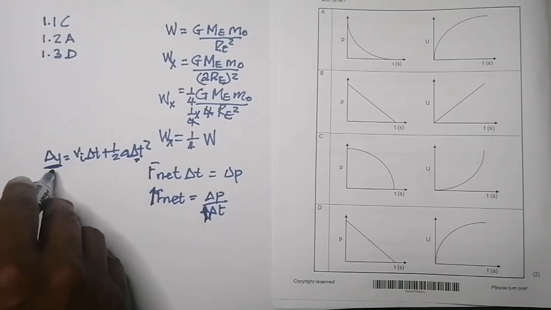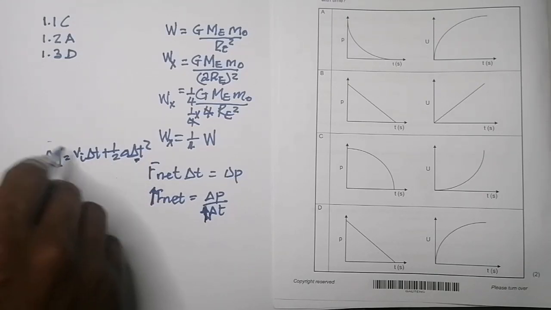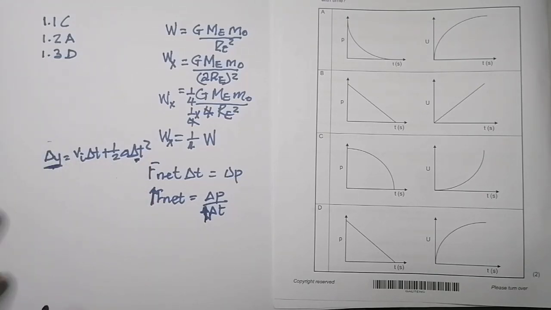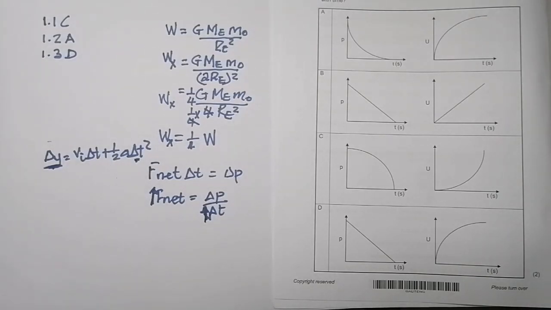So if I think about potential energy with time, remember that potential energy is related to that height. So with time, that graph would be somewhat of a parabola, right? But if you think about it, what's happening to the height? That height is changing with time.